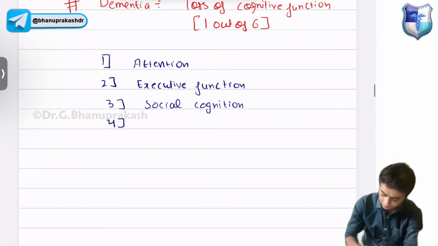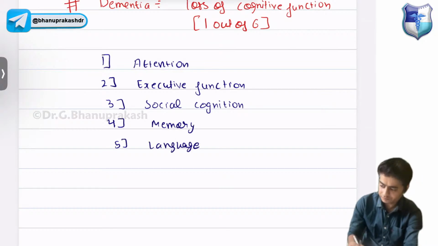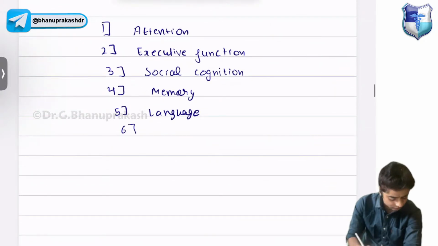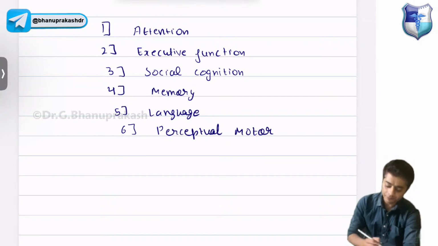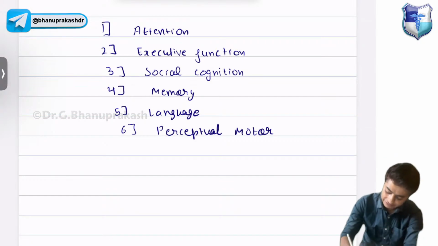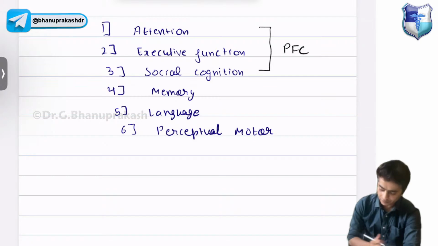Then is your memory. Then is your language. And last but not the least is your perceptual motor. Okay, everyone? And we all know that these upper three are controlled by the prefrontal cortex, that is your PFC.